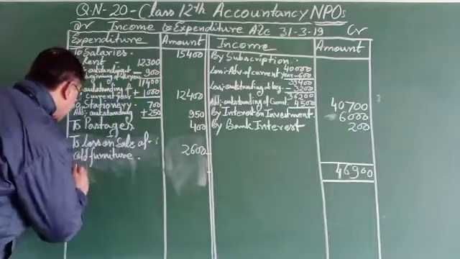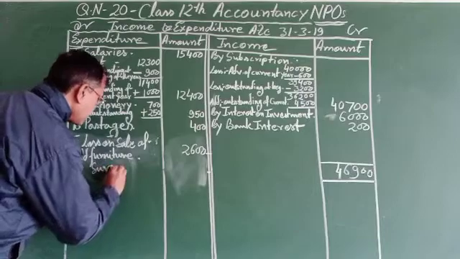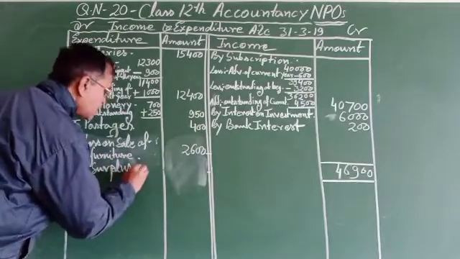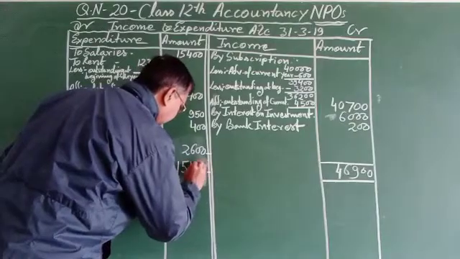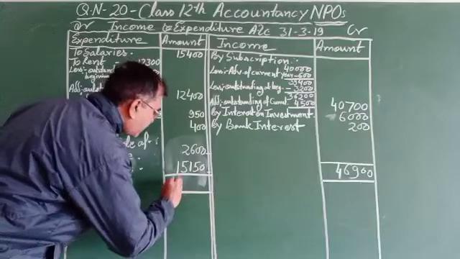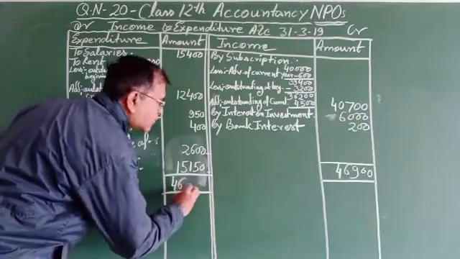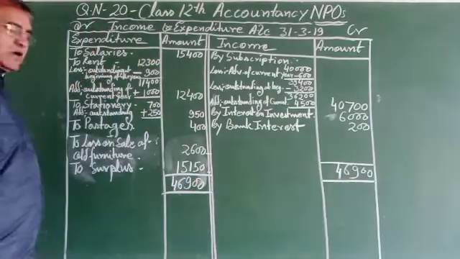And to surplus 15,150. That will be the total 46,900.